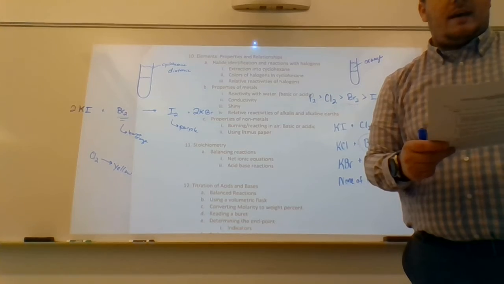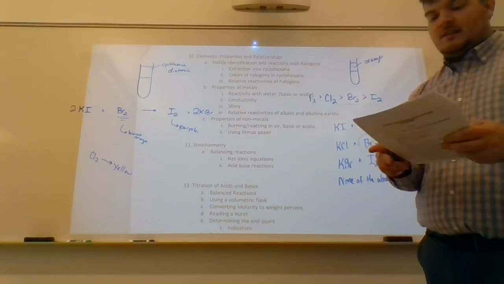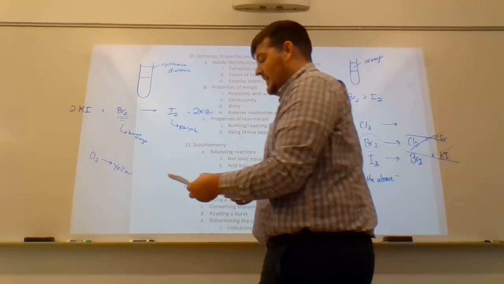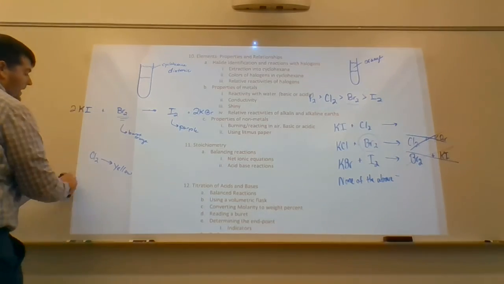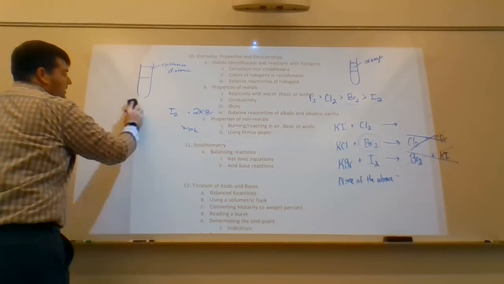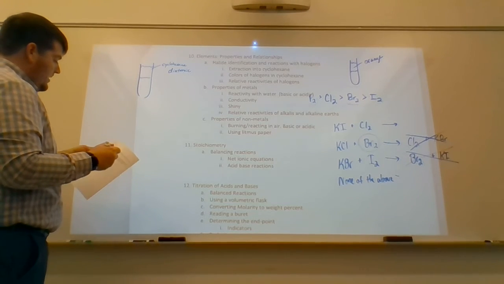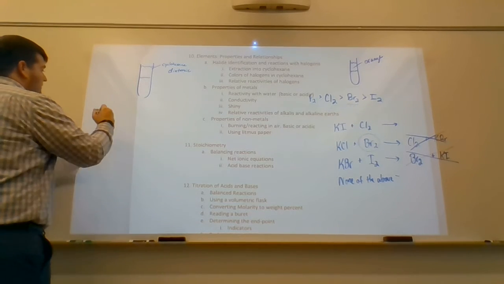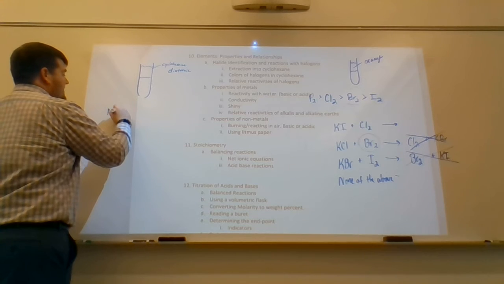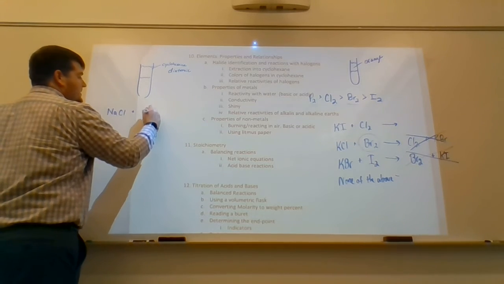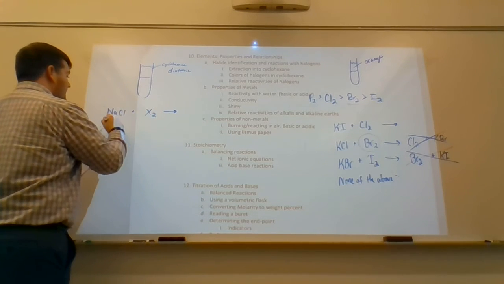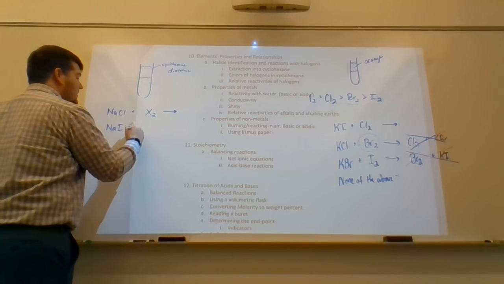It says unknown halogen X2 was added to two test tubes which contained NaCl and aqueous NaI respectively. So let's have a look at this. We have X2 that was added to NaCl, so we have NaCl plus X2. And then we had NaI plus X2.